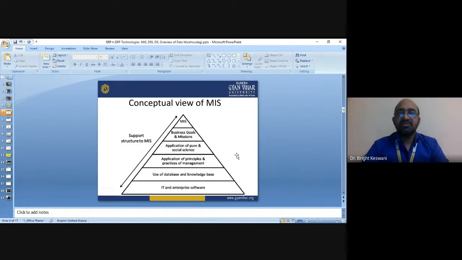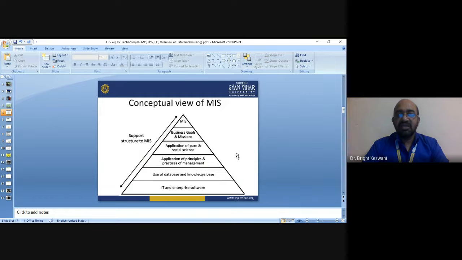These are the layers, the supporting structure of the conceptual view. What is at the top of the pyramid? Information system is at the top. And what is the bottom or base of this pyramid?